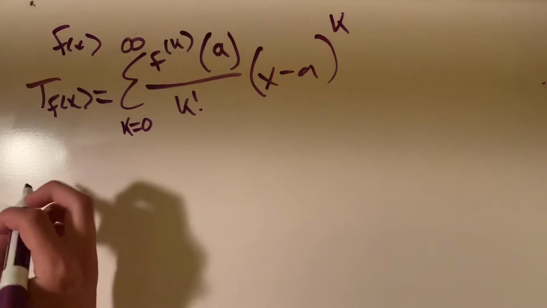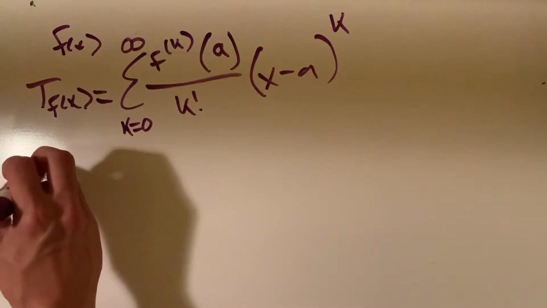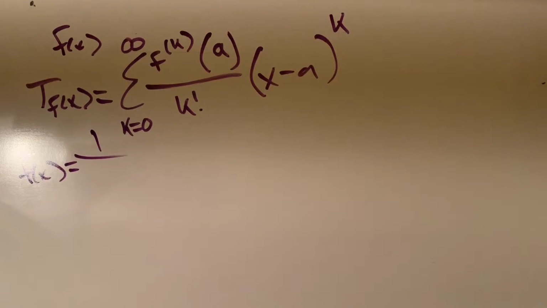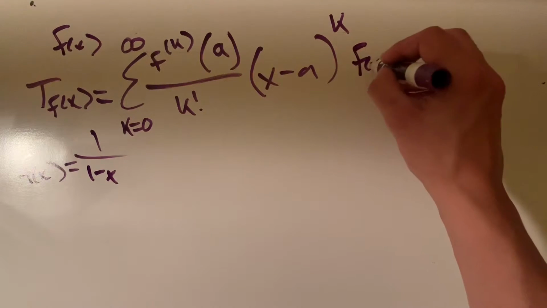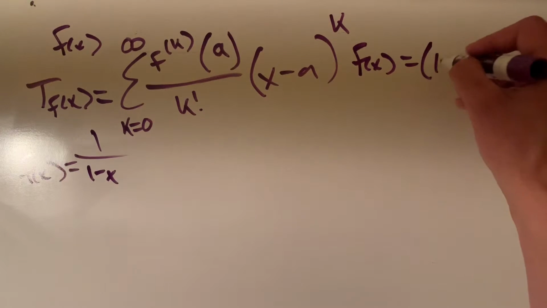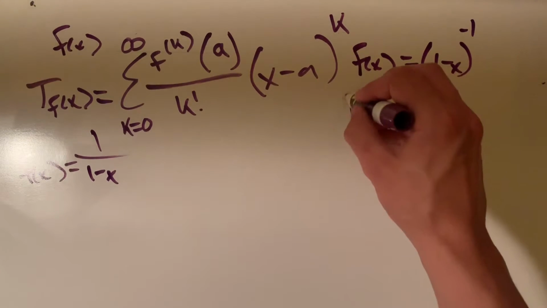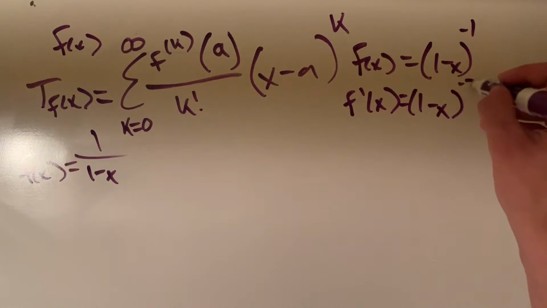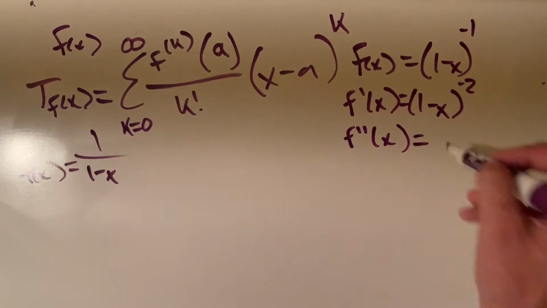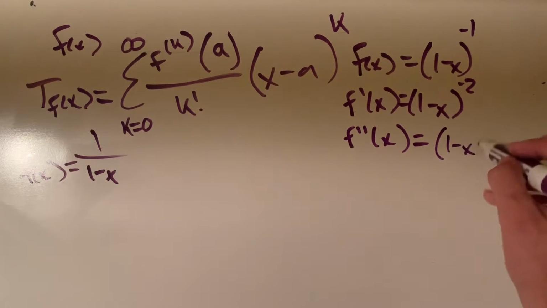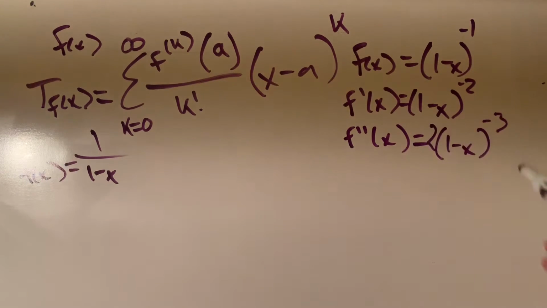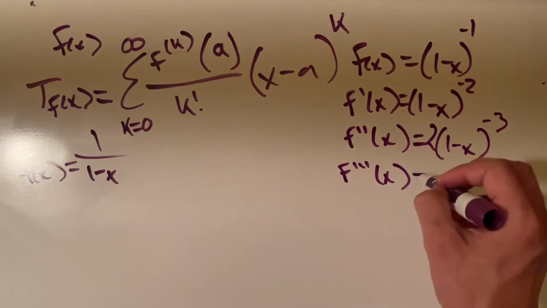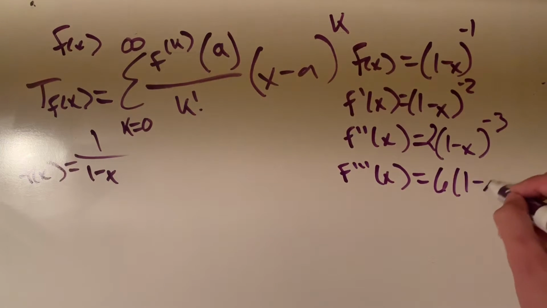So if we want to find the Taylor polynomial for f of x equals 1 over 1 minus x, we'd begin by writing out the first few derivatives of that, which is f of x equals 1 minus x to the negative 1, f prime of x equals 1 minus x to the negative 2, f double prime of x equals 2 times 1 minus x to the negative 3, f triple prime of x equals 6 times 1 minus x to the negative 4.